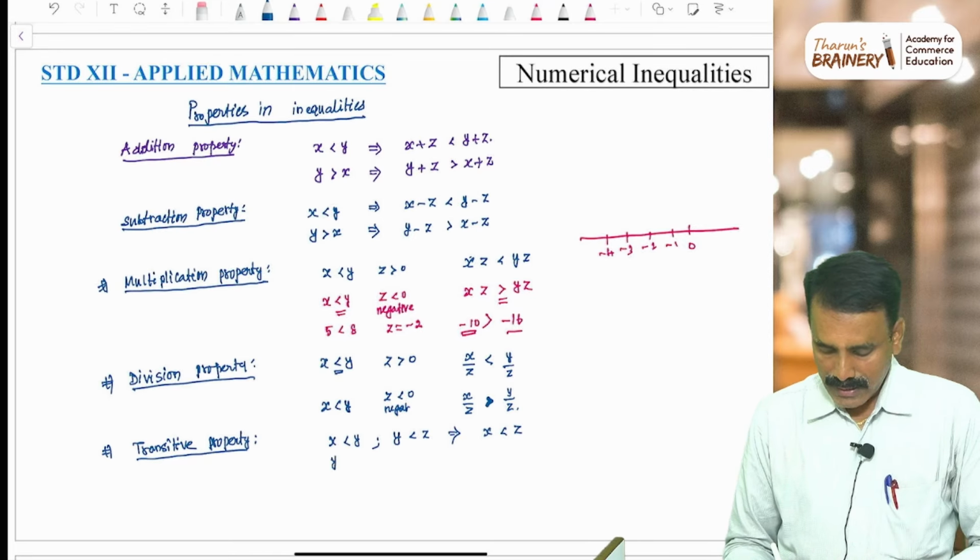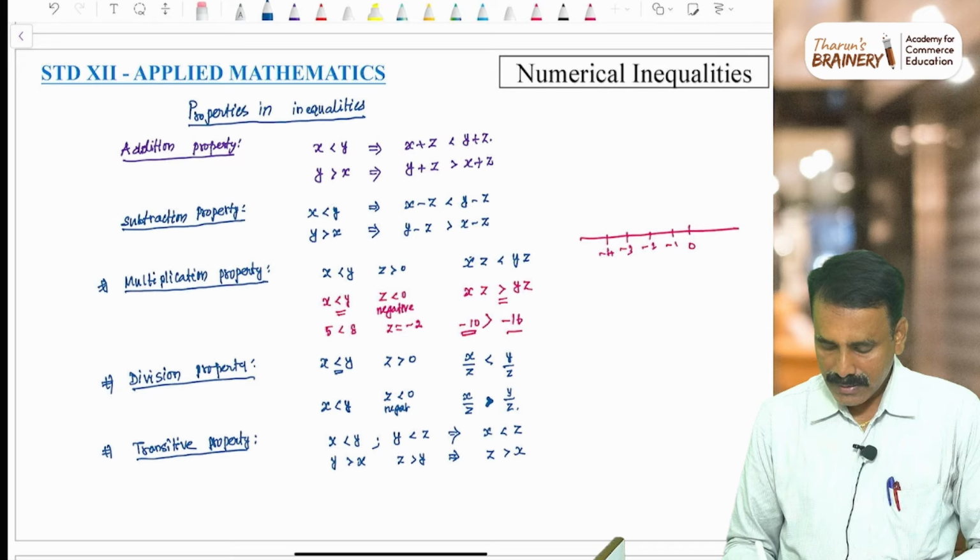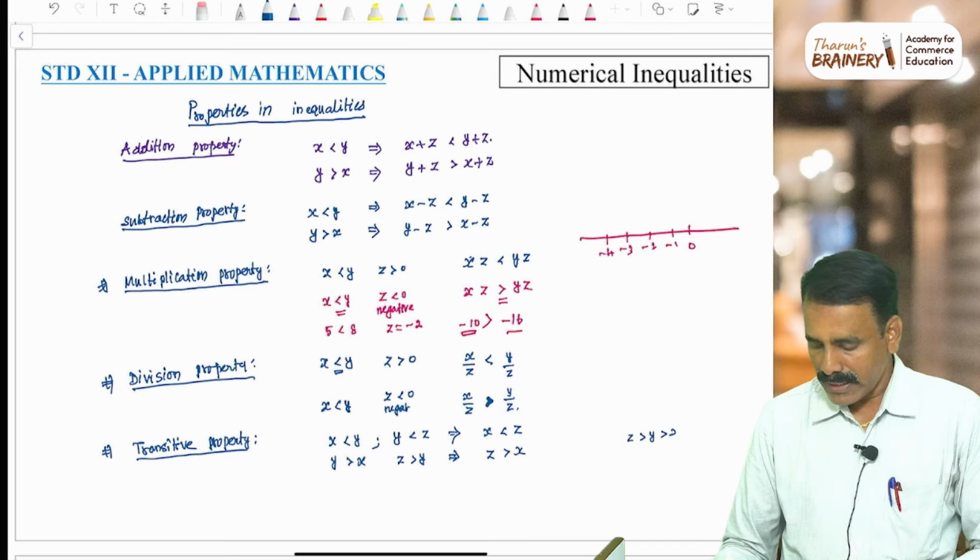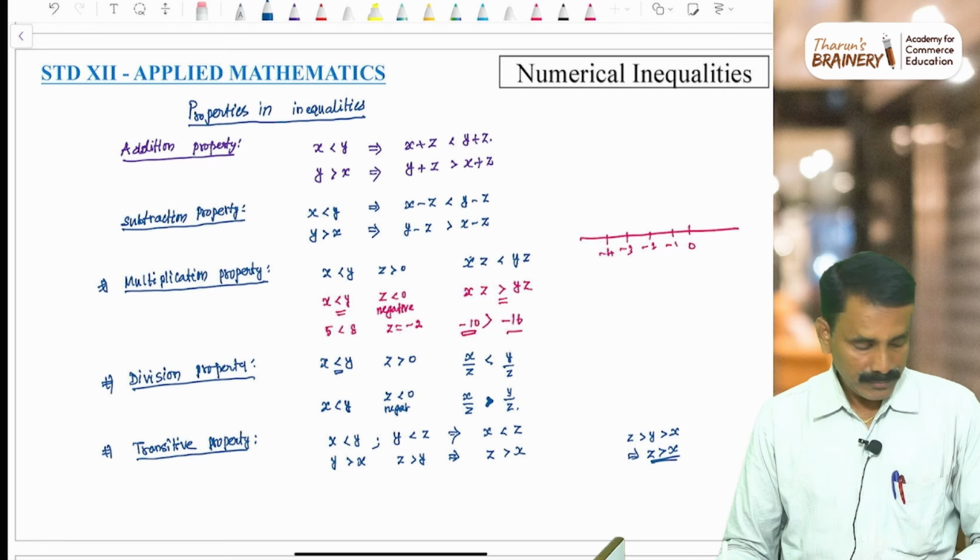If y is greater than x and z is greater than y, which will imply z is greater than x, because z is greater than y and y is greater than x. This is called the transitive property.